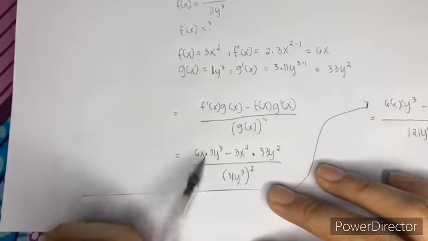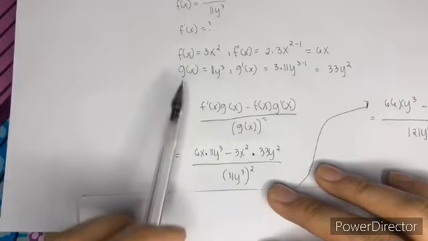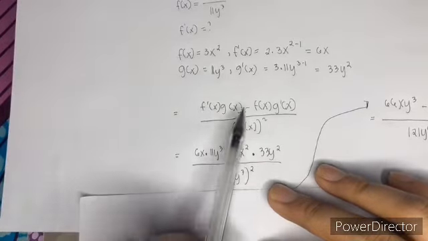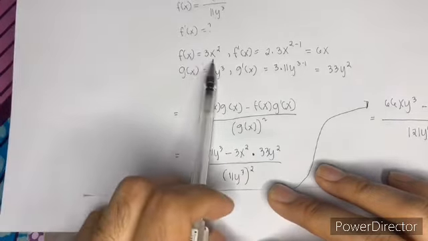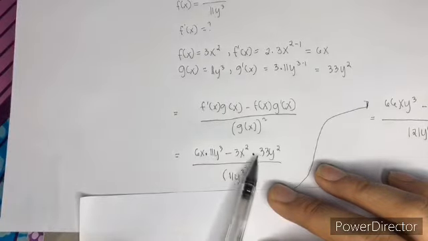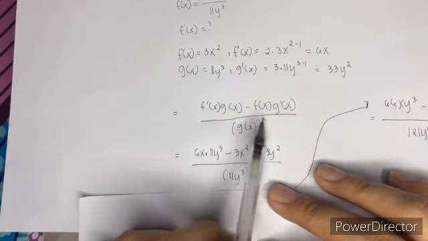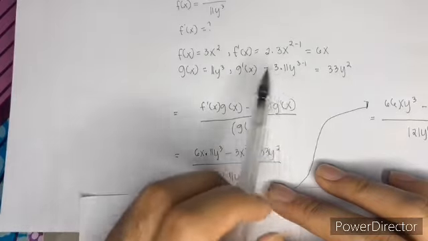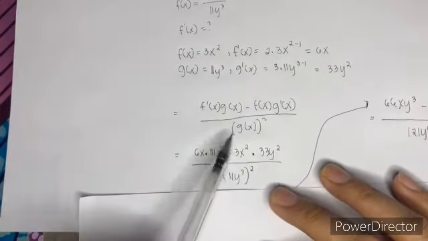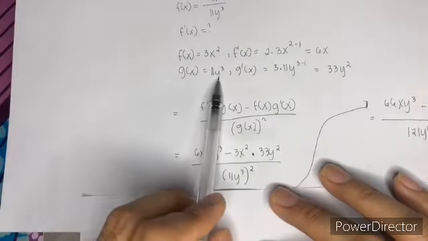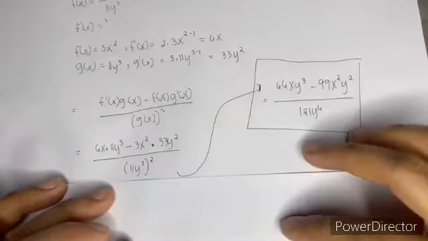So we have the f prime, which is this one, 6x times g of x, which is 11y cubed, copy, minus our f of x here, which is 3x squared, this one, times 33y squared, divided by our g of x, 11y cubed, raised to 2. So we got them.